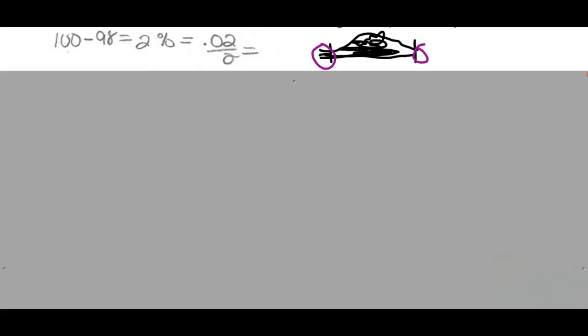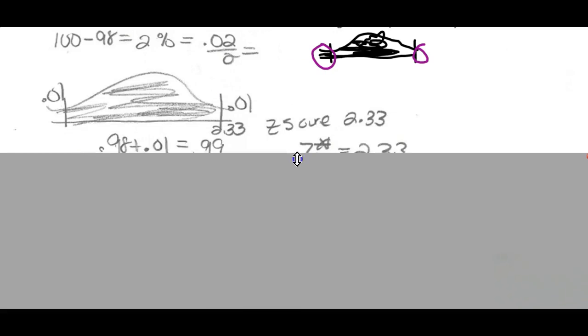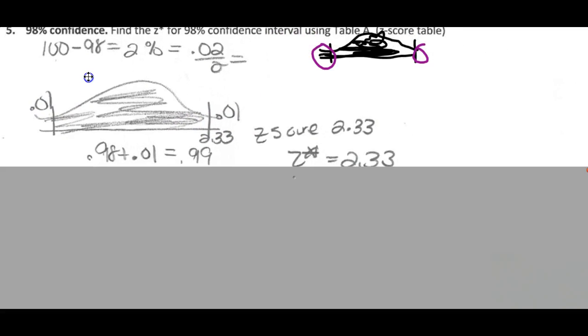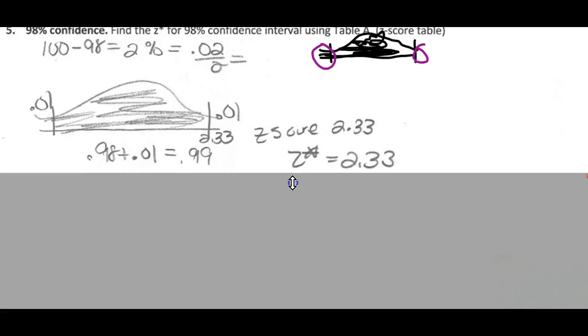That's a really bad picture. Okay, so it's a little bit better. So I have 0.01 here and 0.01 here. That gives me an area of 0.99. That's what I'm looking up in my table. So I'm looking for 2.33.